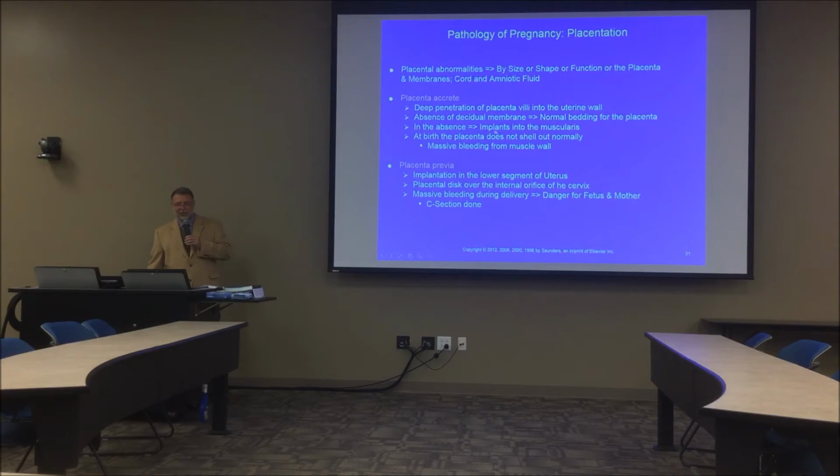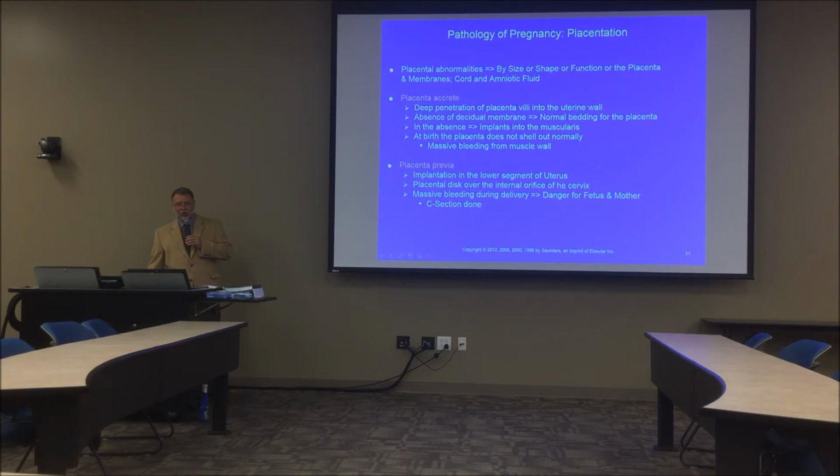And this absence means it's going to be implanted into the muscularis, or the muscle layer. So placenta accreta has to do with the implantation of the placenta inside the muscle layer, not where it should be. At birth, that placenta will not shed normally. So there's going to be a massive bleeding from that muscle wall. So think about accreta as not a normal implantation, but one that goes into the muscle.